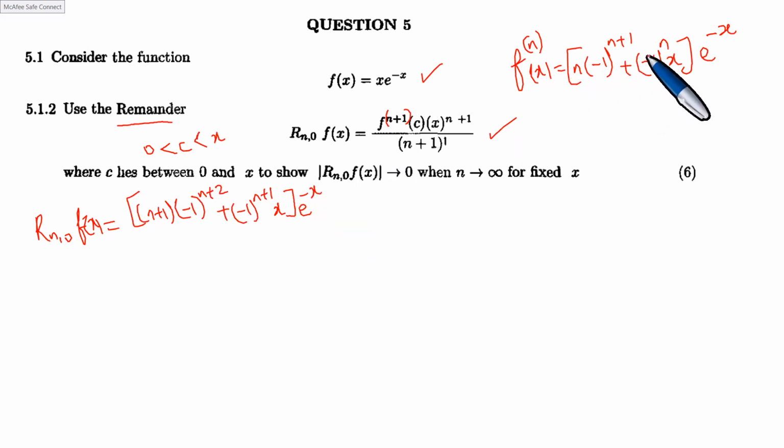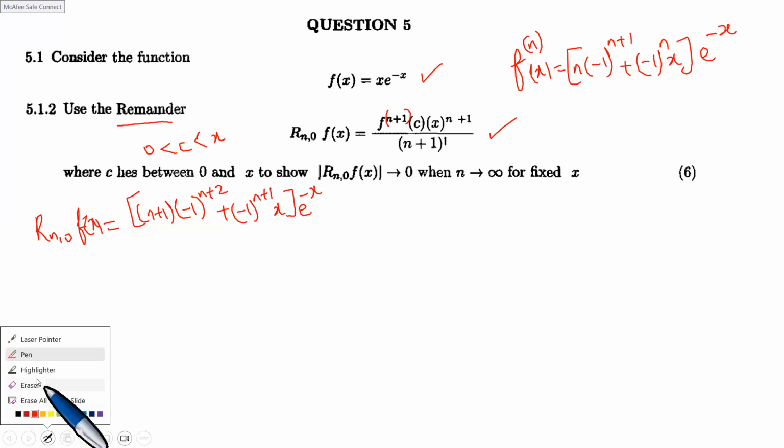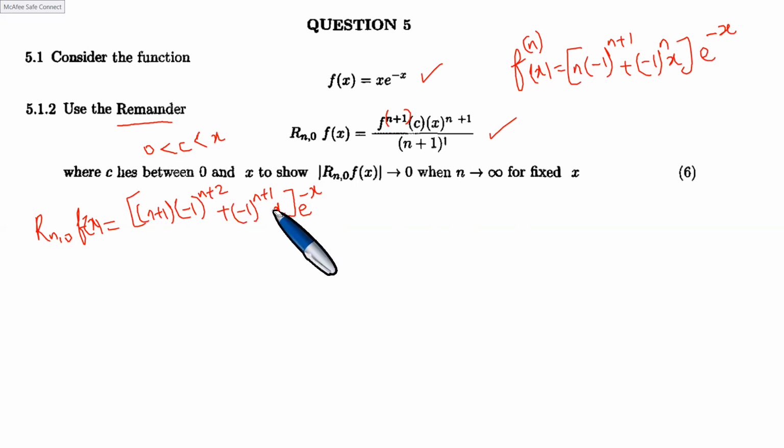So this is the nth derivative formula. Now I just need to replace every x by c. I'm writing an x there, but let me replace it by c once and for all. So this x must be replaced by c, and this x must be replaced by c.